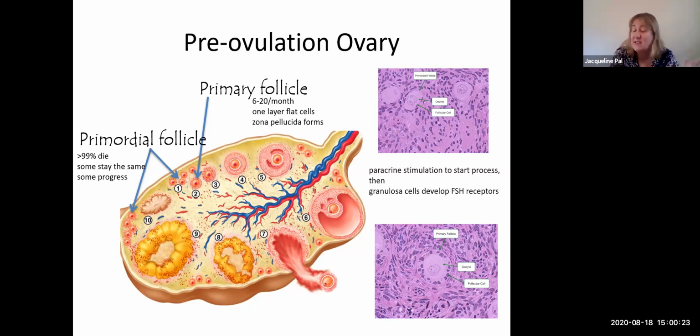And one of the things that happens is the granulosa cells, once they start being stimulated, are going to start having an increase of receptors for follicle stimulating hormone. So when FSH is released by the adenohypophysis, there's more receptors, so more of it's going to bind. So then they're going to do even more stuff. It's kind of like speeding up when you're falling down a hill.